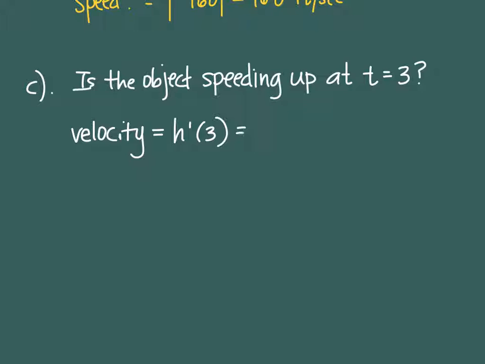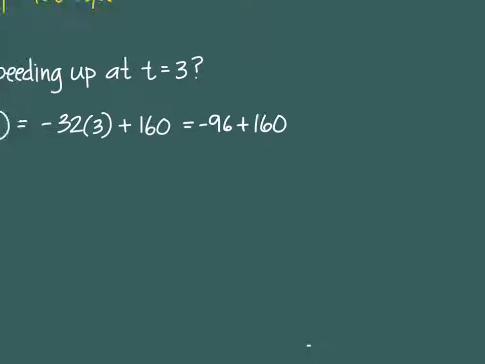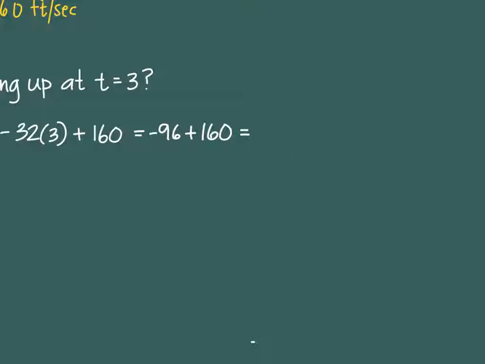Now we already found the derivative. So this is going to be negative 32 times 3 plus 160. So negative 96 plus 160, so 64.